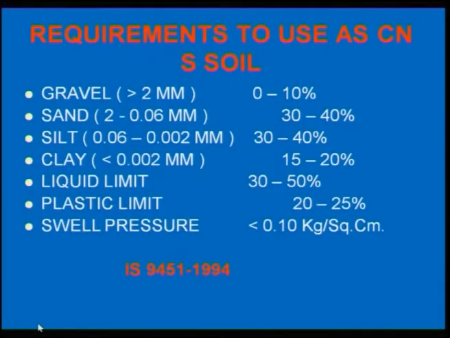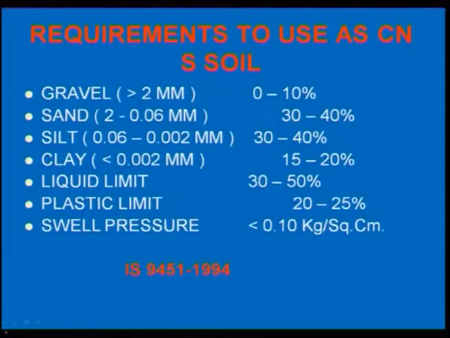Now, what are the requirements to use as CNS soil? What kind of material can we say is cohesive non-swelling soil? For this, the gradation curve says gravel should be 0 to 10%. How do you decide gravel? If the percentage of soil particles retained on the 2 mm sieve is about 0 to 10%, then we can say gravel is about 0 to 10%.